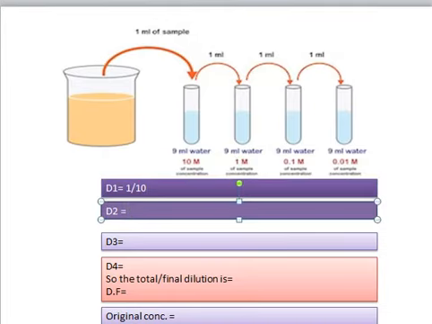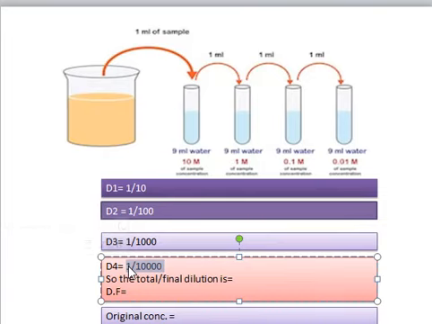Each tube separately has a dilution of 1 over 10, but since the dilutions are successive, each tube's dilution should be multiplied by its previous one. So tube 3 will be 1 over 1000, and tube 4 will be 1 over 10,000, and this is the final dilution.